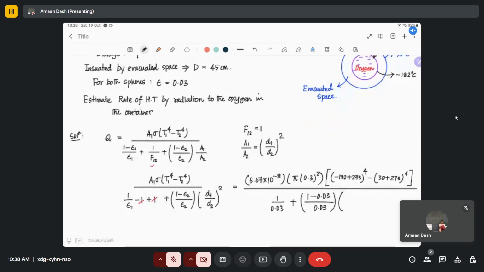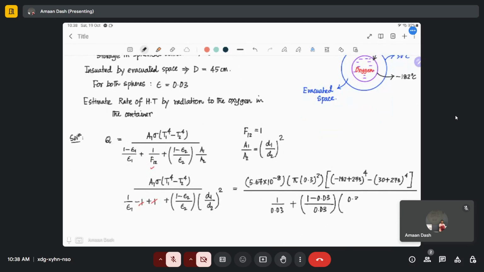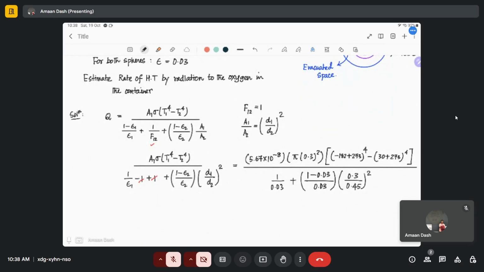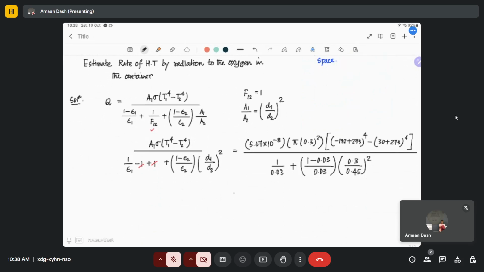So we can write this as 0.3 divided by 0.45 square. So this is equal to minus 2.72 watt.